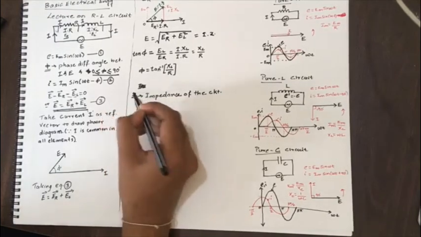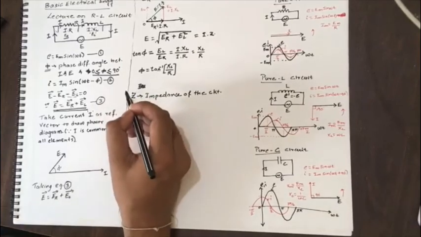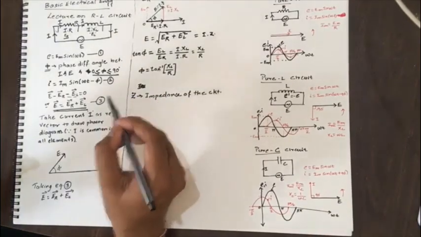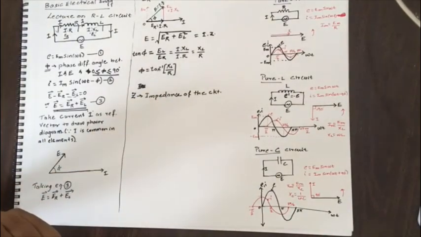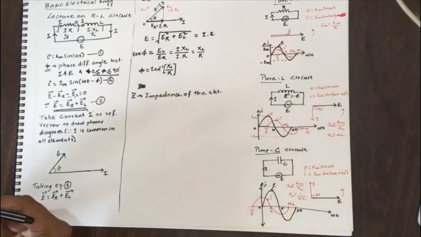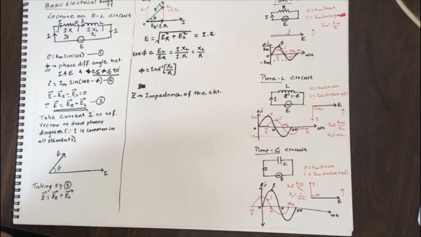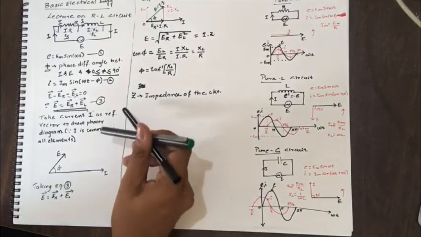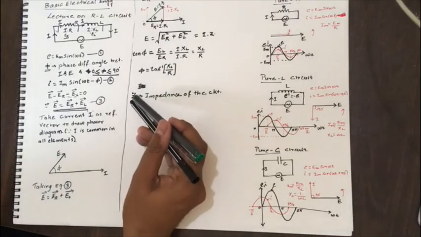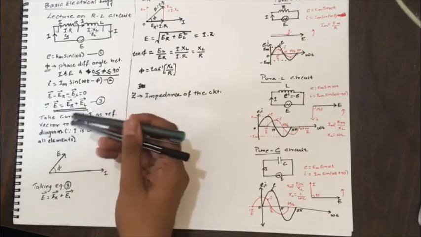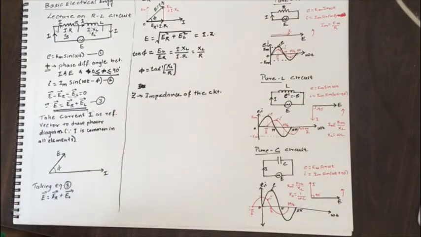So we can visualize Z like resistance is opposition for the flow of current, generally in DC we consider. When we consider the AC circuit, we can say that impedance Z is the resistance or opposition offered for the flow of alternating current.